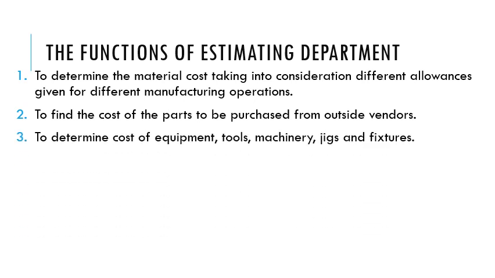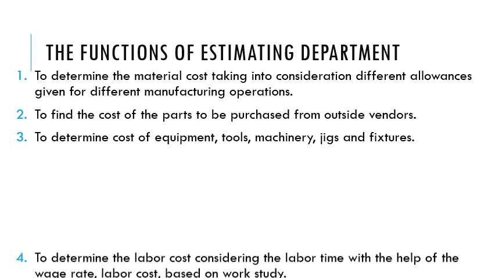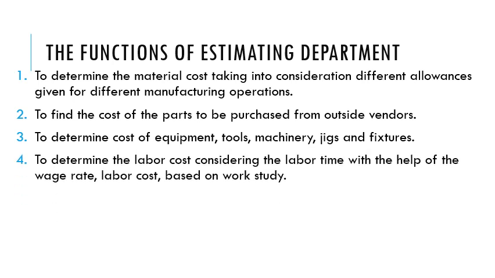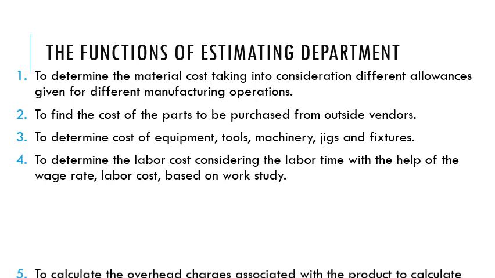Determine cost of equipment, tools, machinery, jigs and fixtures. How much must be allocated towards the tools, equipment, machineries, jigs, fixtures, dies, etc. To determine the labor cost, considering the labor time with the help of the wage rate, labor cost based on work study. Last part we had discussed about this, how to set up the standard time, how to consider various allowances.